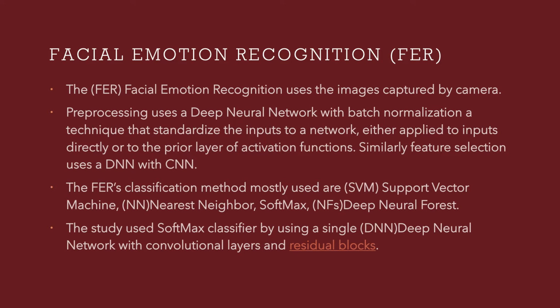For the feature selection and extraction, they use DNN with different CNN, or convolutional neural network, using the C3D method. This is based on time and space three-dimension feature extraction.